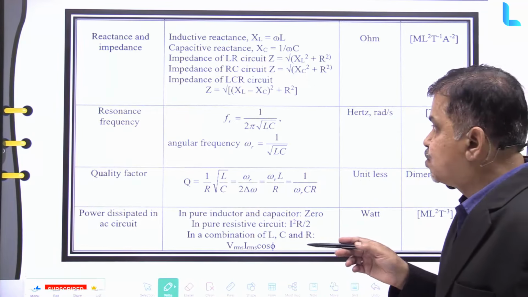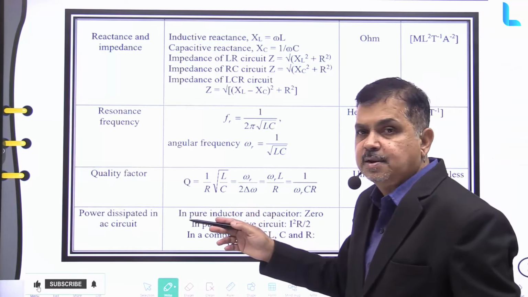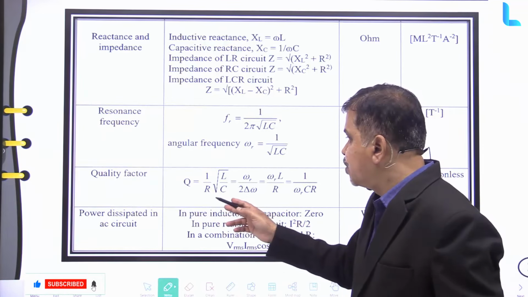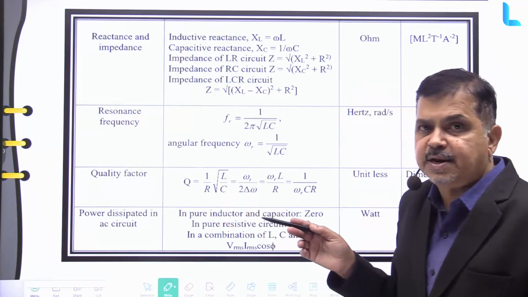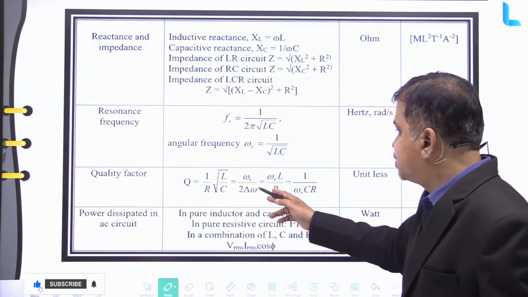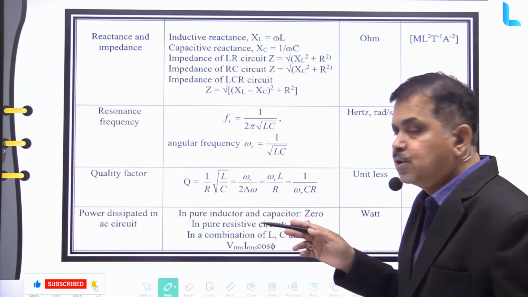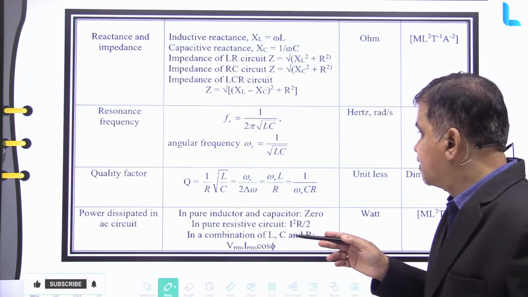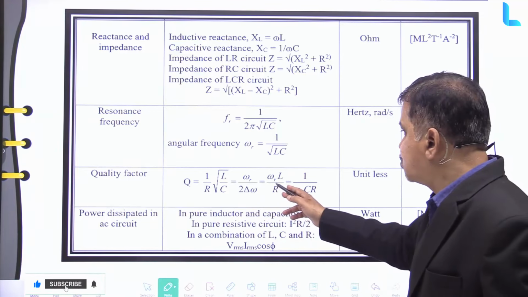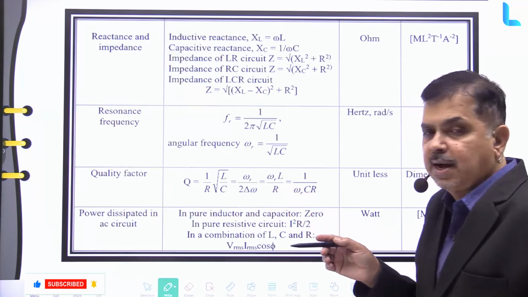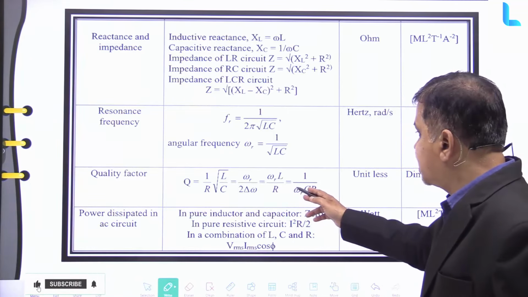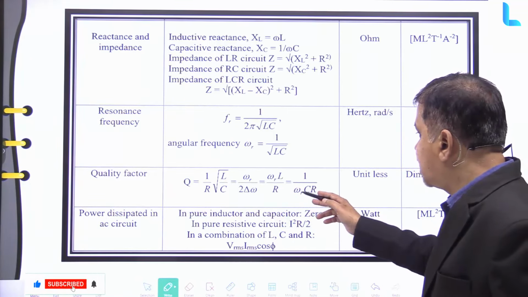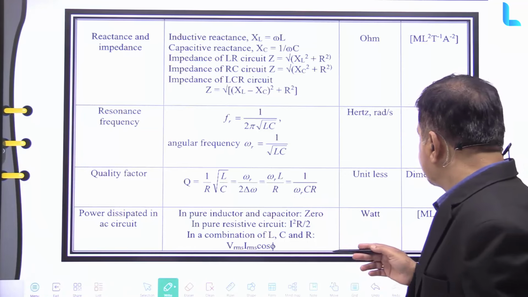And for the physical quantity of quality factor, Q equals 1 by R square root of L divided by C, also equal to omega R divided by 2 into delta omega, which is further equal to omega R into L divided by R, and that can again be equal to 1 divided by omega R into CR.